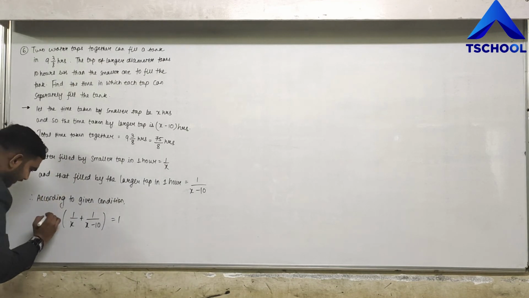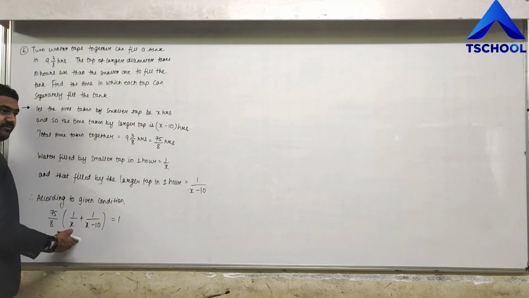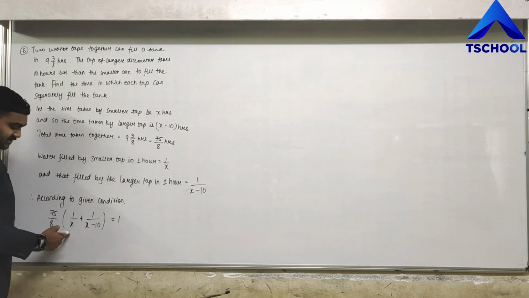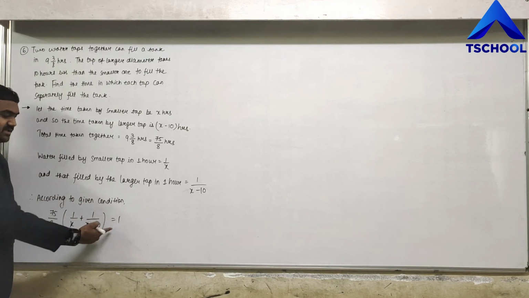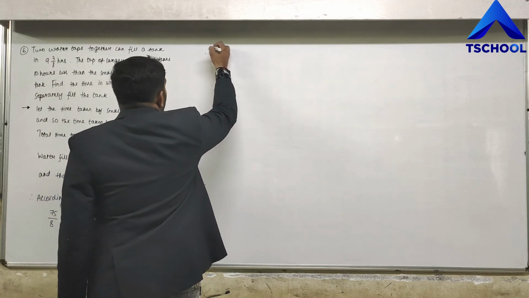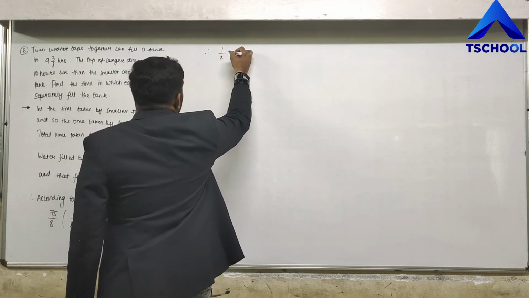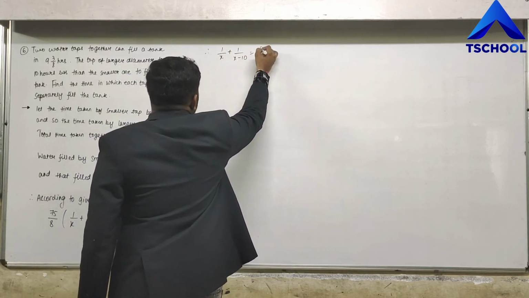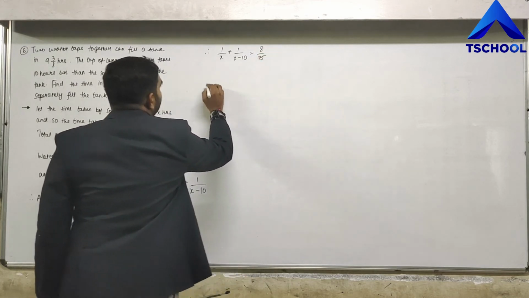That means 75 upon 8 multiplied by the work done in 1 hour. That means total time taken multiplied by work done in 1 hour is equal to the work completed, that means is equal to 1. Therefore 1 upon x plus 1 upon x minus 10 equals 8 upon 75.